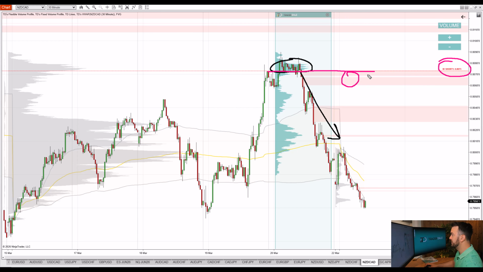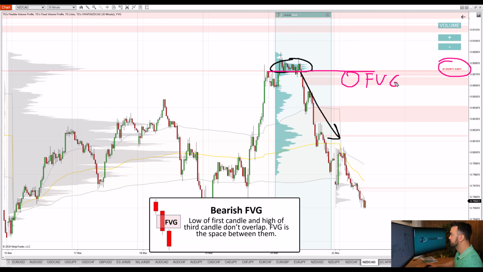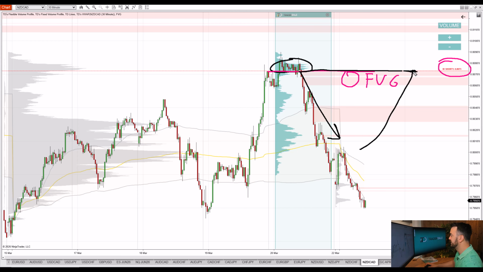Again, you can notice a couple of fair value gaps here, beginning at our level. Okay, so when there is a pullback, I think that there is a solid chance that there'll be a nice reaction from there, since the sellers who are active here should become active again and push the price downwards from there again.